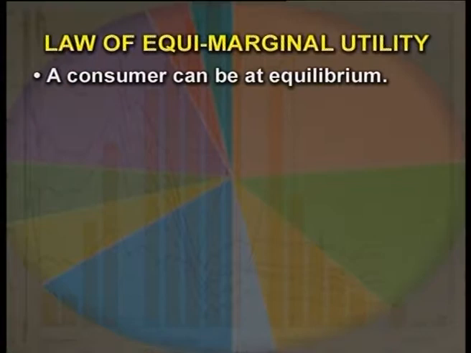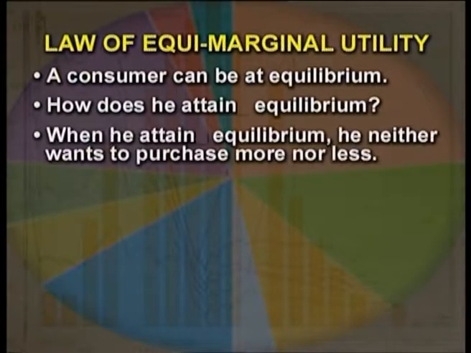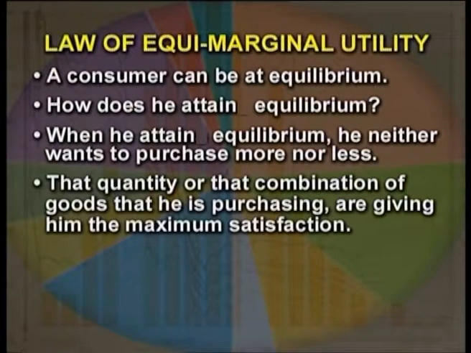In fact, we had seen in the earlier lectures that a consumer can be at equilibrium. Or how does he attain equilibrium? When he attains equilibrium, he neither wants to purchase more nor less. In other words, that quantity or that combination of goods that he is purchasing is giving him the maximum satisfaction, and therefore any quantity more than that or less than that would not give him that maximum satisfaction, and therefore he is said to be at equilibrium.